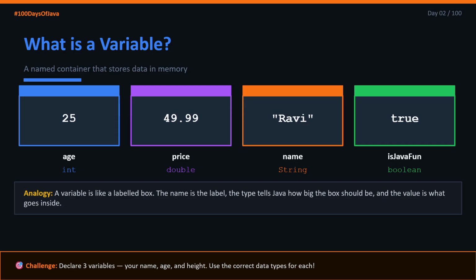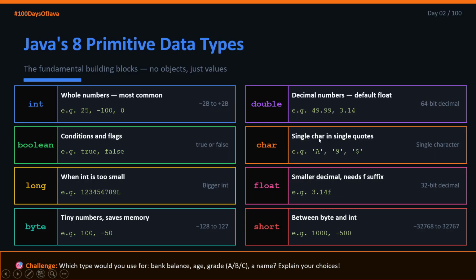Now let's go to the primitive data types. Java has 8 primitive data types. These are the raw building blocks, not objects. The most commonly used ones are int, double, boolean, and char. Int is for whole numbers like ages and counts, double for decimal numbers like price and salary, boolean for only two values, true or false, and char for a single character like a dollar sign.